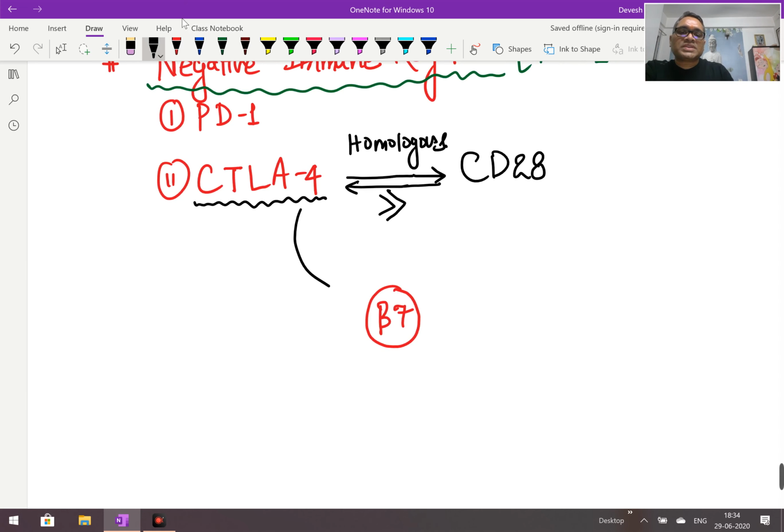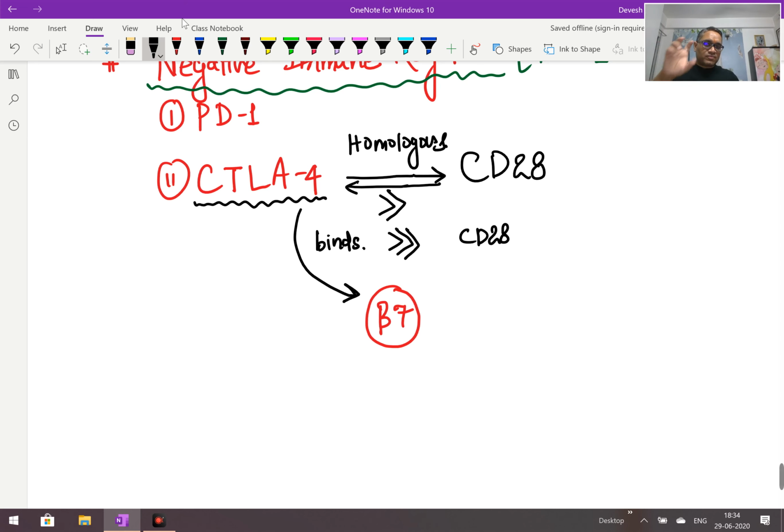So it will reach the B7 earlier and bind to it. So this binding will be earlier and more firm than CD28. So that is the basic difference, right?